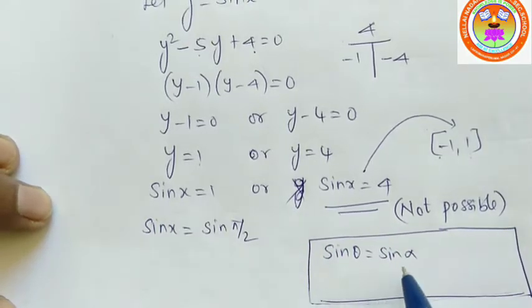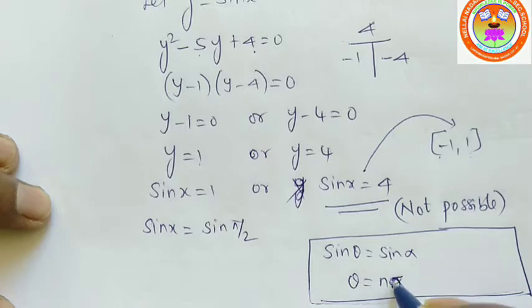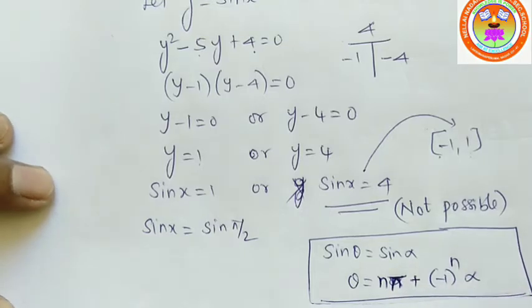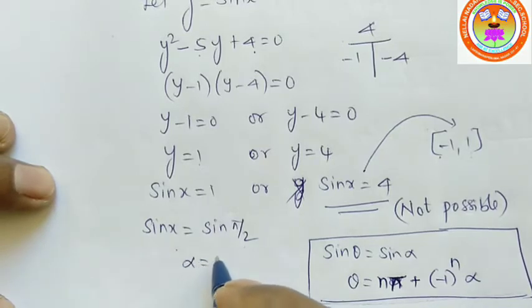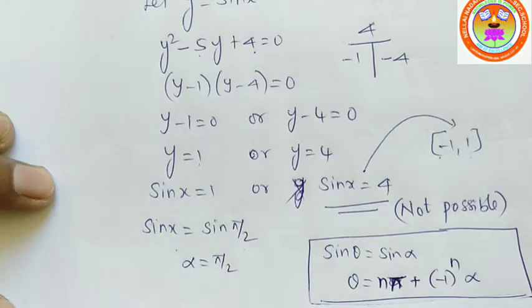If sin theta is equal to sin alpha, then theta is equal to n pi plus minus 1 the whole power n into alpha. Similarly, here this is our theta value and this is our alpha value. So the alpha value is pi by 2.